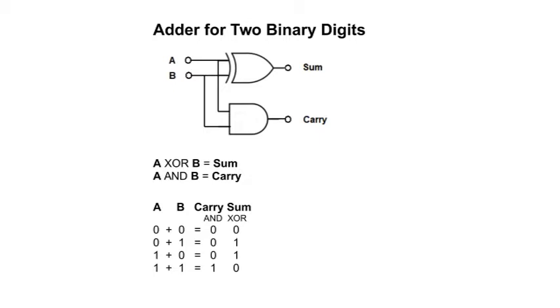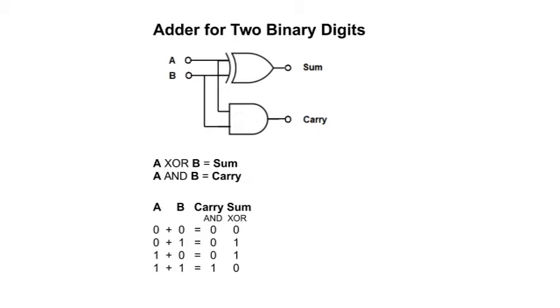The addition table at the bottom shows all the possibilities of adding 2 binary digits, A and B. Remember that a binary digit can only be 0 or 1, so there are only 4 possibilities. The first 3 lines are simple arithmetic. For example, in the first line, 0 plus 0 equals 0, 0. In the 4th line, 1 plus 1 equals 1, 0, which is 2 in binary.